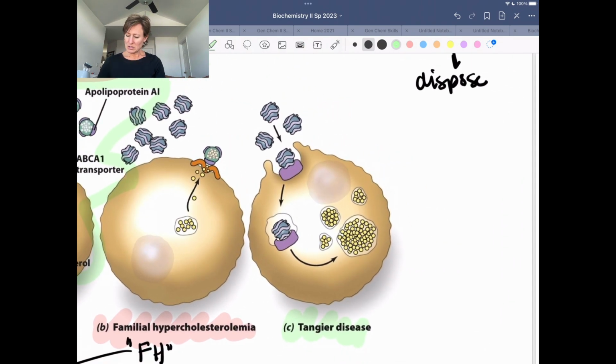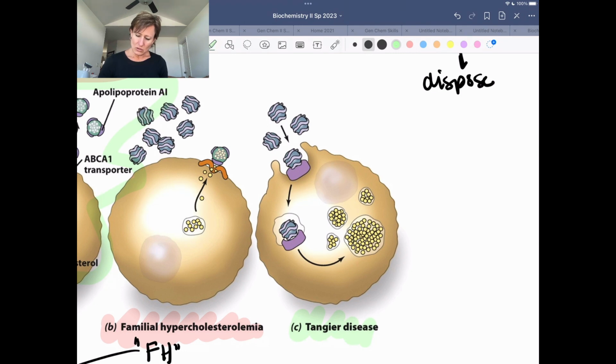So again, if we see what's happening here, we have no problem bringing in cholesterol from the bloodstream. We also have the potential of producing our own cholesterol, but that's not likely to be the case when we have such high levels of cholesterol on the inside. But if we're talking about this flux control, we've got influx and efflux.